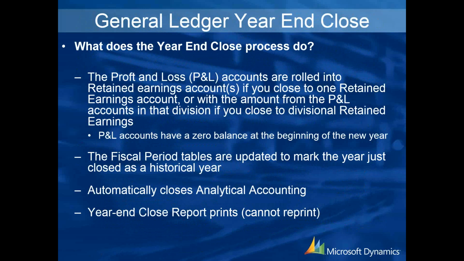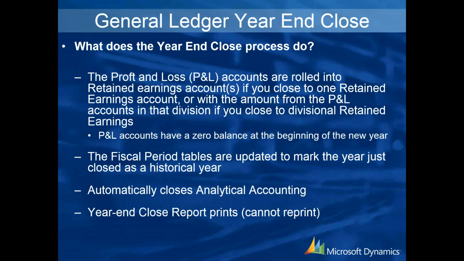The profit and loss accounts, P&L accounts, are rolled into the retained earnings account, or fund accounts if you close to one retained earnings account, or with the amount from the P&L account in that division if you close to a divisional retained earnings account.